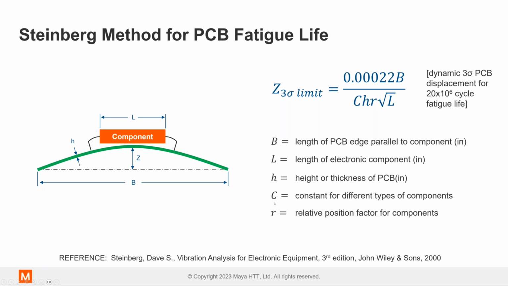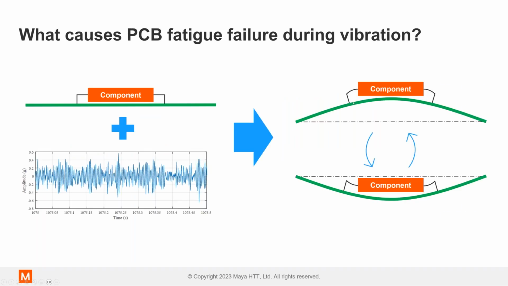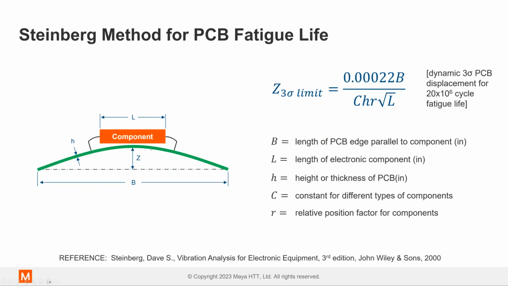Now it's rather limited in that sense, but one thing that I've seen and that we've actually done at Maya as well is to take that R value out of it and just pull in the shape of the board, or your angle relative to the component, taking in that information directly, instead of being limited to: is it at the center of the board?